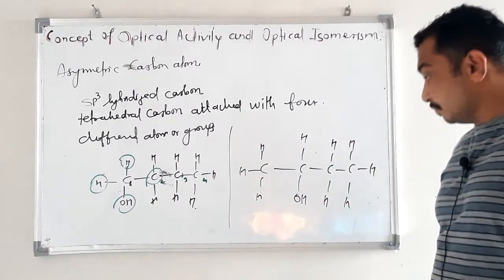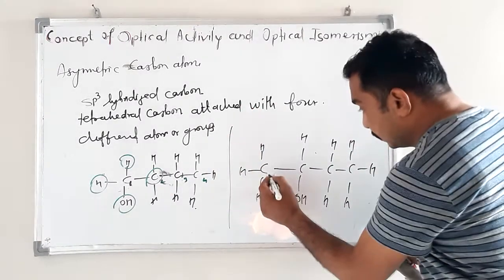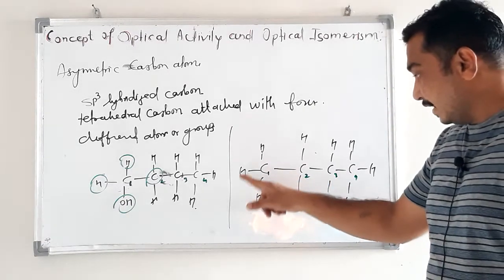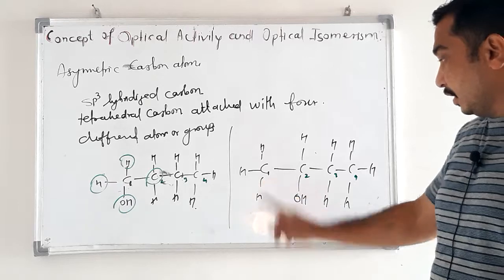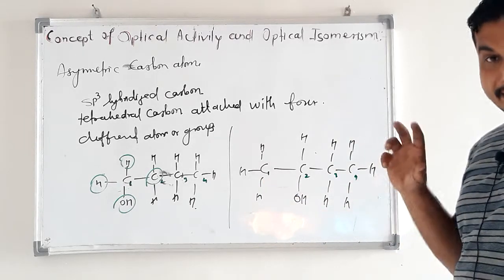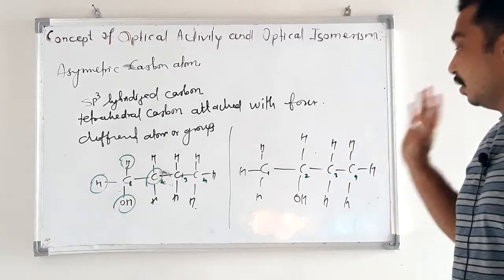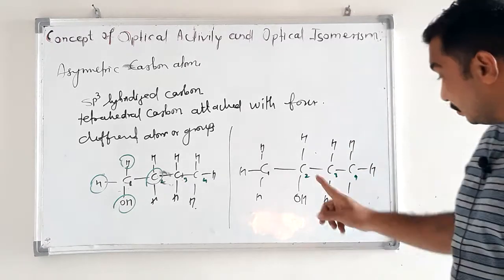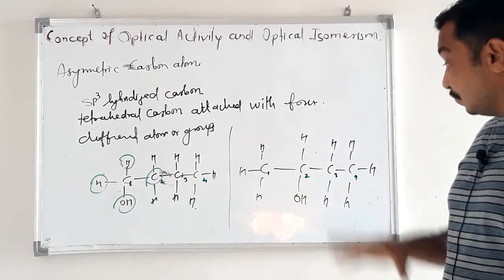Come to 2-butanol. See, carbon number 1, 2, 3, 4. Carbon number 1 has 3 identical groups, so it is not asymmetric. Carbon number 3 and carbon number 4 also have identical groups, so they are not asymmetric carbons. But what about carbon number 2? Carbon number 2 is attached to 4 different groups.